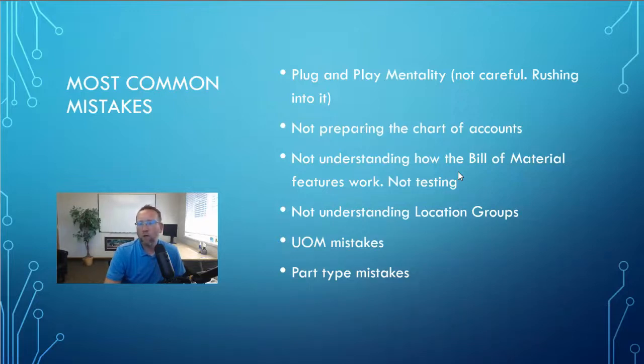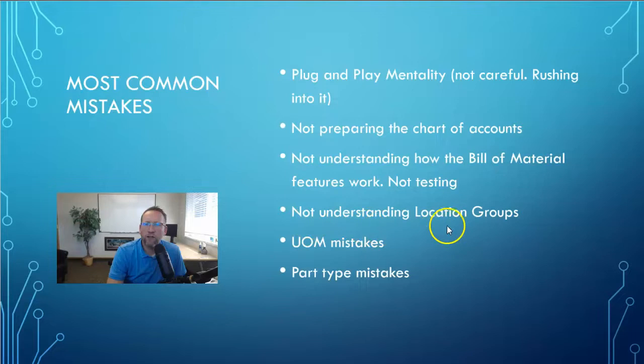Which auto create setting should you use? Should you use auto MO? Should you use custom work order? Should you use the sales order custom work order? So there's a lot of decisions to make, and you really should test your bill of materials setup to assure it's going to work with your workflow before you just dive in and start using it.